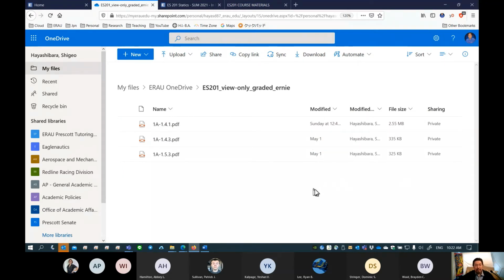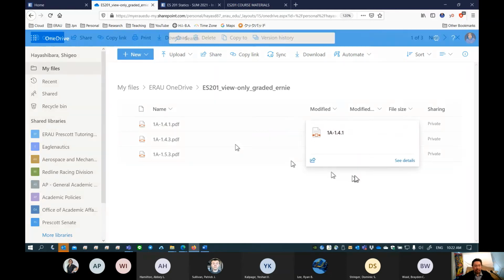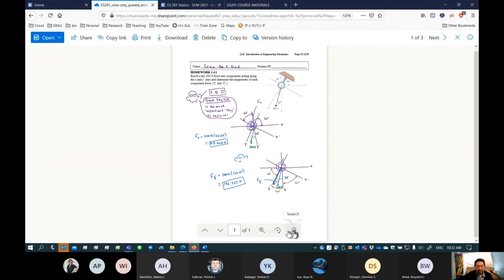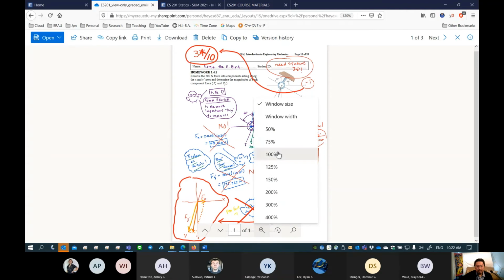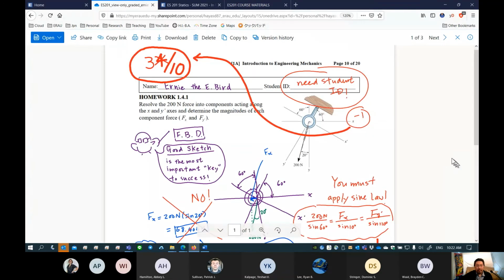Okay, so it looks like I picked up 3 homework assignments of Ernie and graded. Let's take a look at one of them. So this is a graded work. Whoa, Ernie got 3 out of 10. One really stupid loss of points here. Do you realize? Ernie didn't put the student ID. Oh, Ernie probably doesn't have a student ID, but too bad.